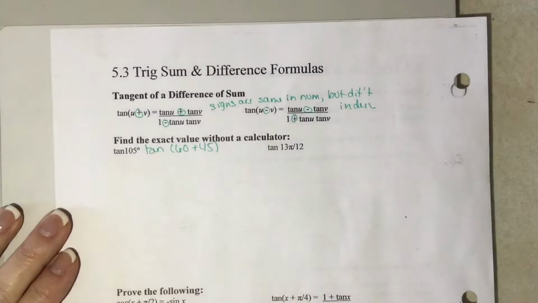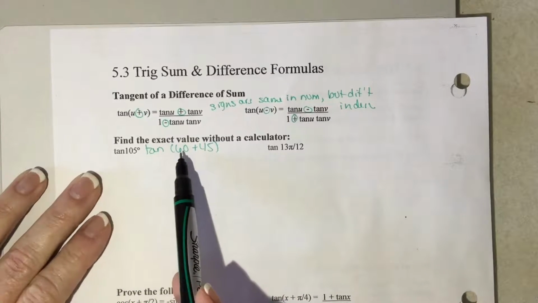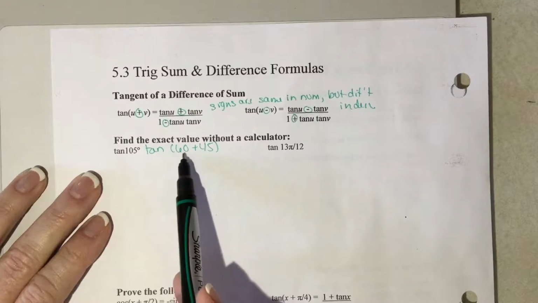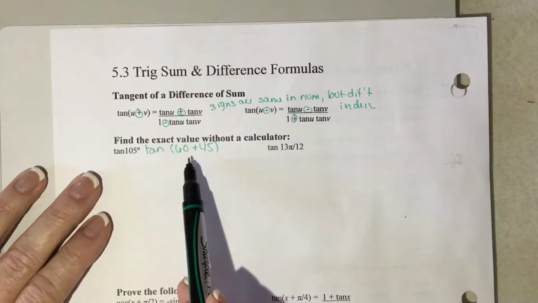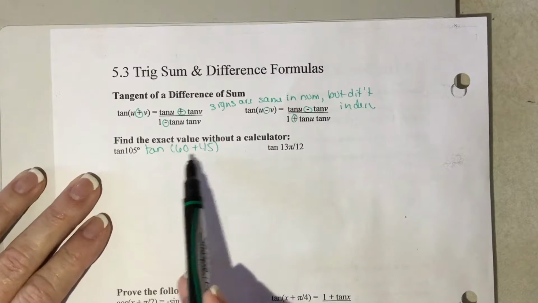That's the same thing as 105. And those two angle measurements are on our unit circle, so that's why we're pulling the 60 and the 45 out. So knowing the 60 is our first, the 45 is our second. Also, please know that these can be written as 45 plus 60. That order doesn't matter, okay? It's not like the biggest always has to go first. I can flip-flop those.